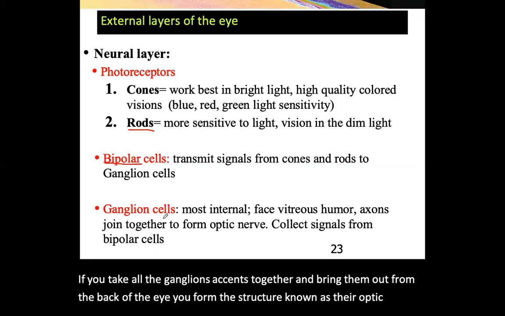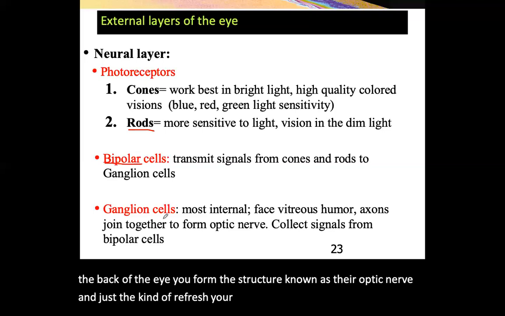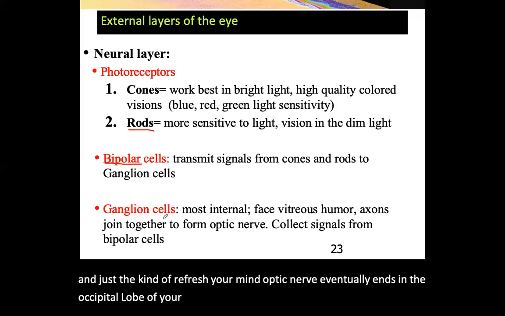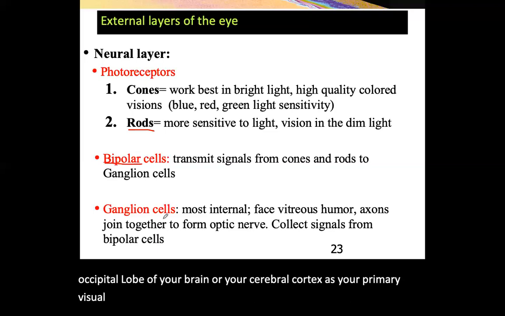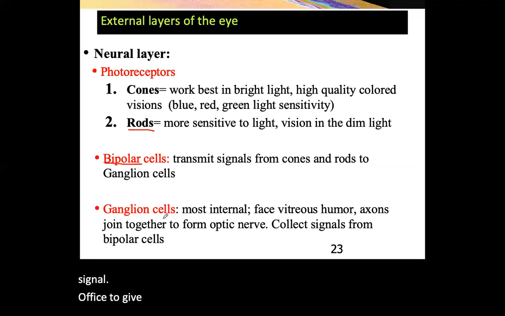Just to refresh your mind, the optic nerve eventually ends in the occipital lobe of your brain, your cerebral cortex, as your primary visual cortex, where you receive the signals and get that signal processed to give you your sense of vision.